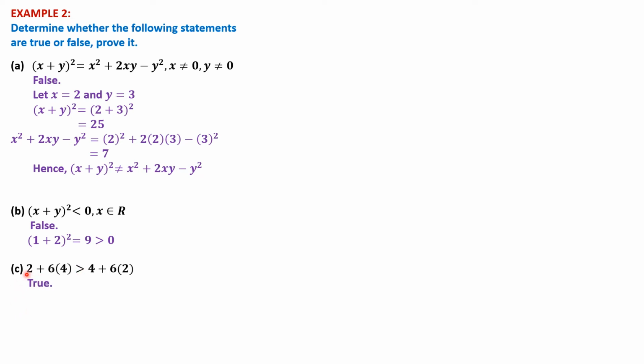And now we look at C. 2 plus 6 times 4, we get 26. And this one is 4 plus 6 times 2. This one we get 16. So 26 is greater than 16. So this statement is true.